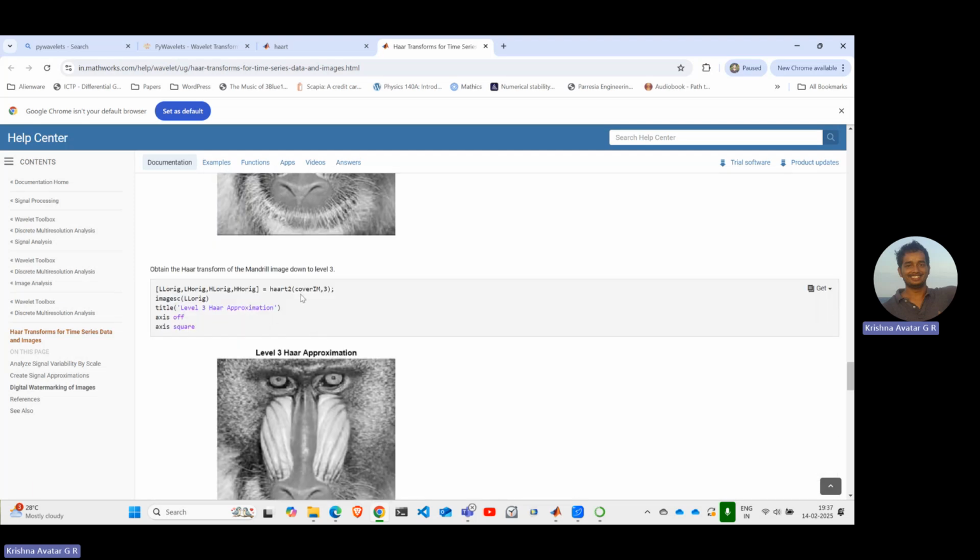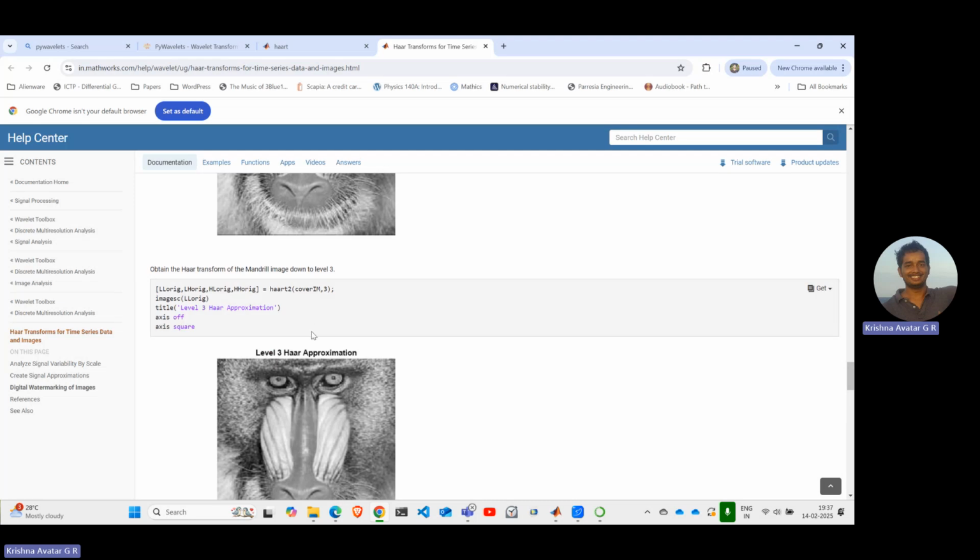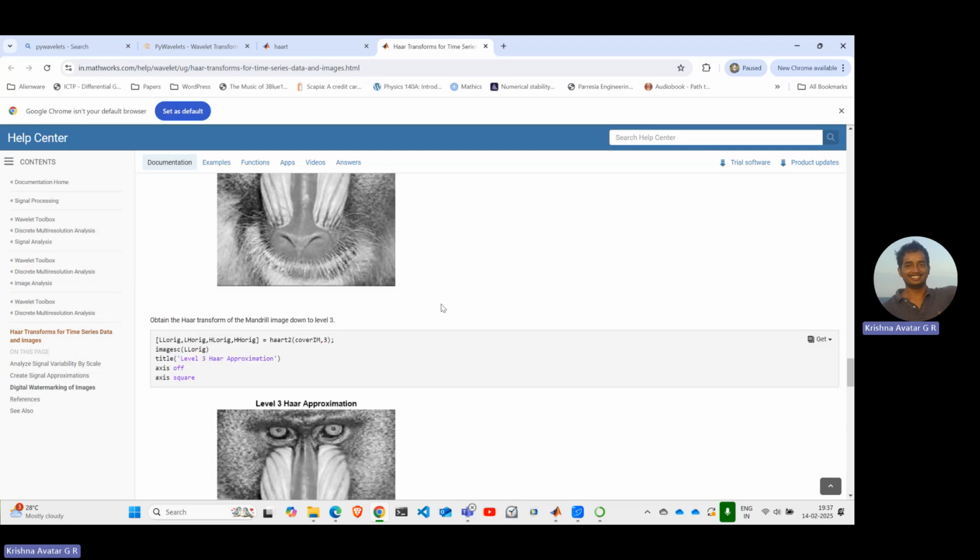So here, we obtain the Haar transform of the mandrill image down to level 3. We recall that first of all, we have to prescribe the level of approximation that we would want.